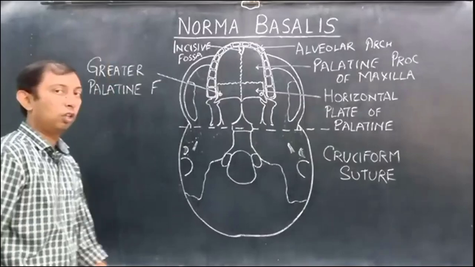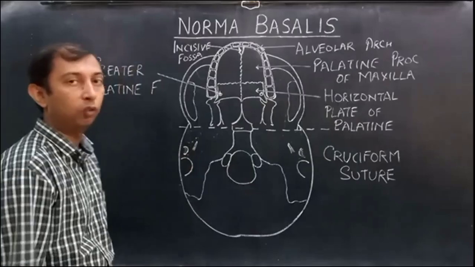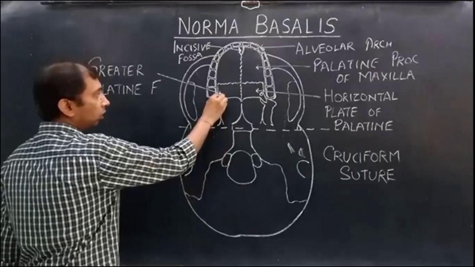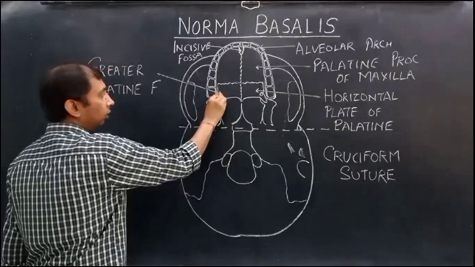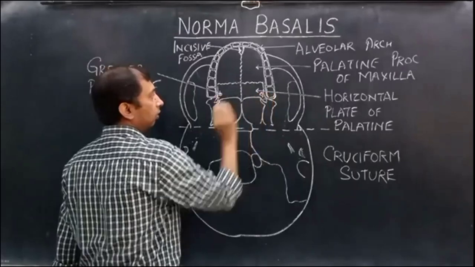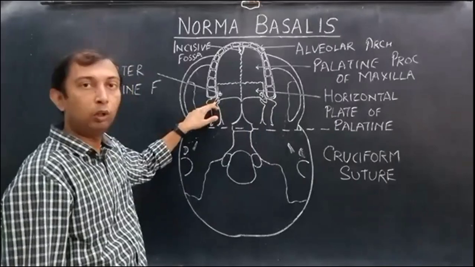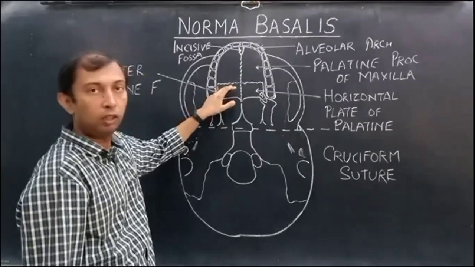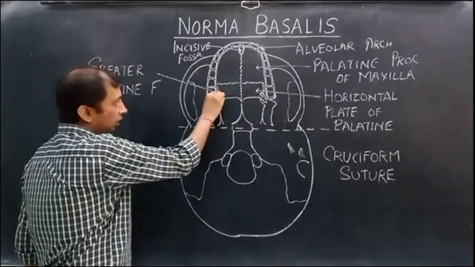Now, because there is a greater palatine, obviously there should be some lesser palatine foramen. But instead of a single foramen, there are almost 2 to 3 small foramen here on each side, just behind the greater palatine foramen, and they are present on this almost triangular projection of the palatine bone. It has a posterolateral triangular projection like this.